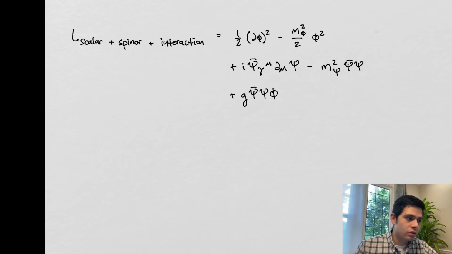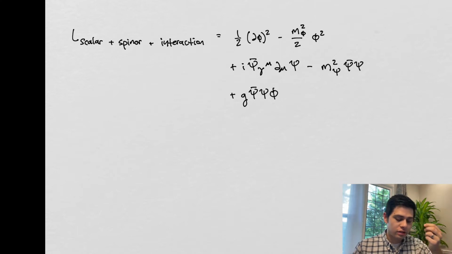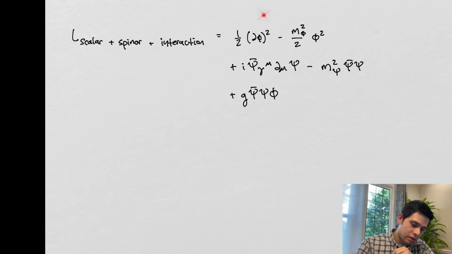And so we can break this up also. We can have just a scalar Lagrangian with just the interaction term, or we can have just a spinor Lagrangian in the presence of interactions, right? But this is the whole thing.